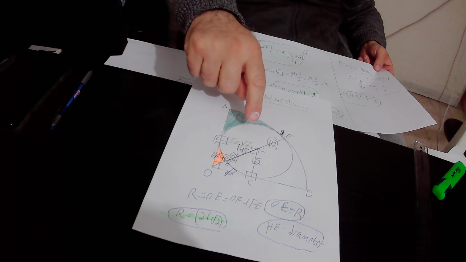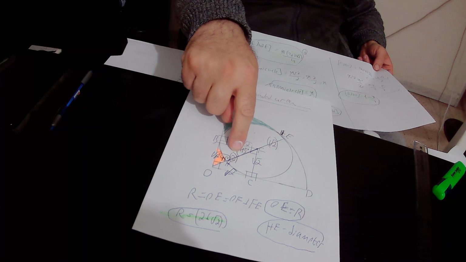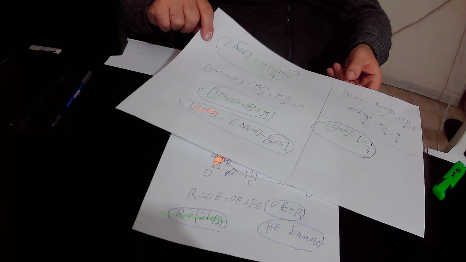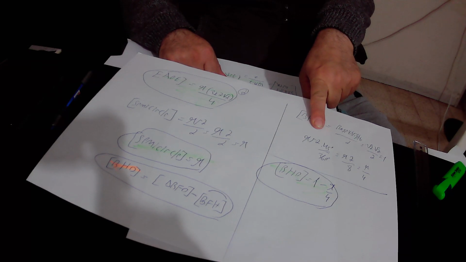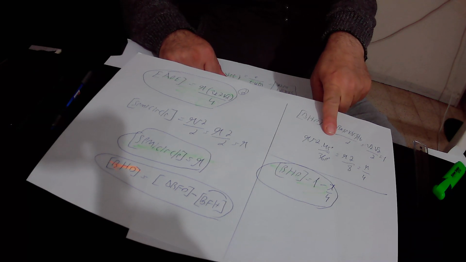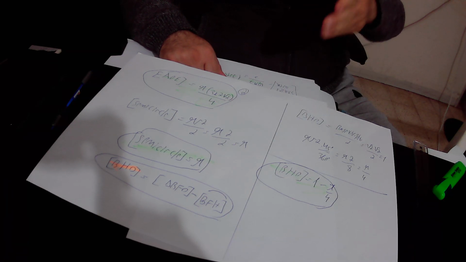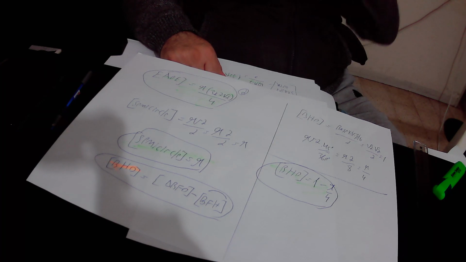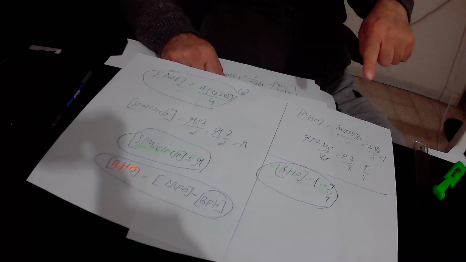And we have to find out now the area of the small sector BFH. What is the area of the small sector BFH? The area of any sector is the area of the circle, the small circle, that is pi r squared, times the angle between the legs of the sector, that is 45 degrees over 360 degrees. R is the radius of the small circle, that is equal to the square root of 2. If r equals the square root of 2, it means that r squared equals the square root of 2 squared, that is 2.